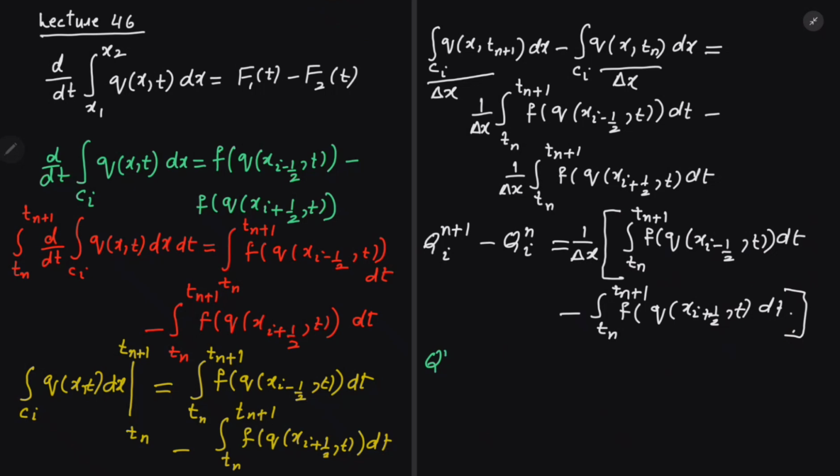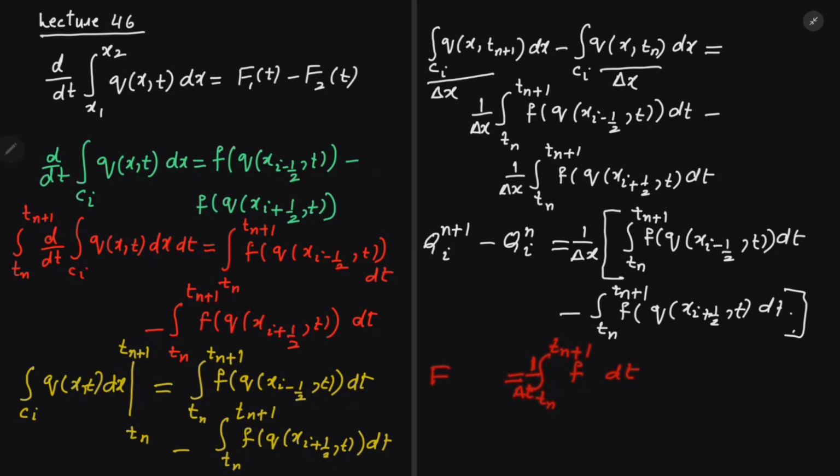Qn. And one other thing we want to do over here, similar to what we have defined for Qn plus 1, Qn plus 1i, is that we can also define the flux integral from Tn to Tn plus 1 of flux dt, and we can take an average by 1 over delta t.